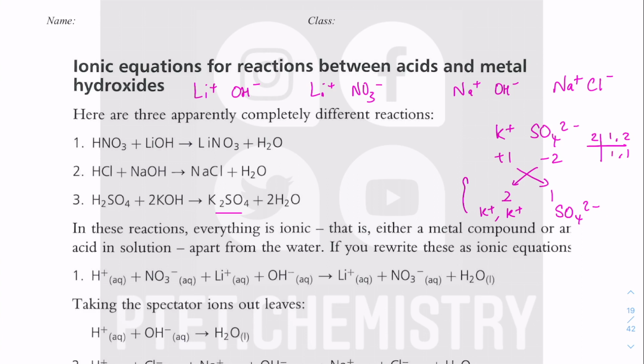Because the minus 2 charge multiplied by 1 is minus 2, and the plus 1 charges for both of them total up to plus 2. Plus 2 minus 2, the overall charge of the ionic compound is 0, and that's the objective of doing this exercise.